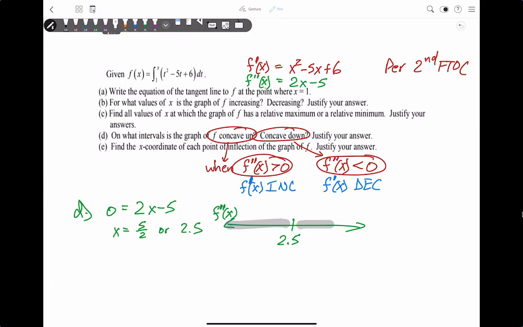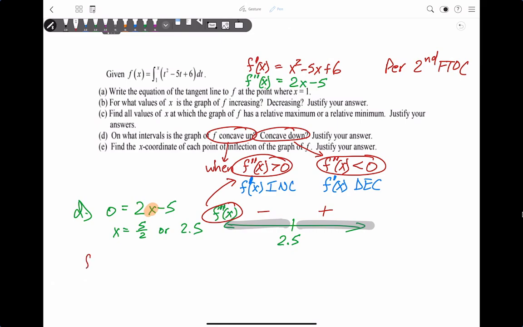So let's use this function here, and we're going to test something to the left of 2.5. Let's say 2. So if I plug in a 2 here for x, I'll get 4 minus 5, which is a negative. And now if I plug in a 3, something to the right of this 2.5, I'll get 6 minus 5, which is a positive. So already, remember, we're looking at f double prime.